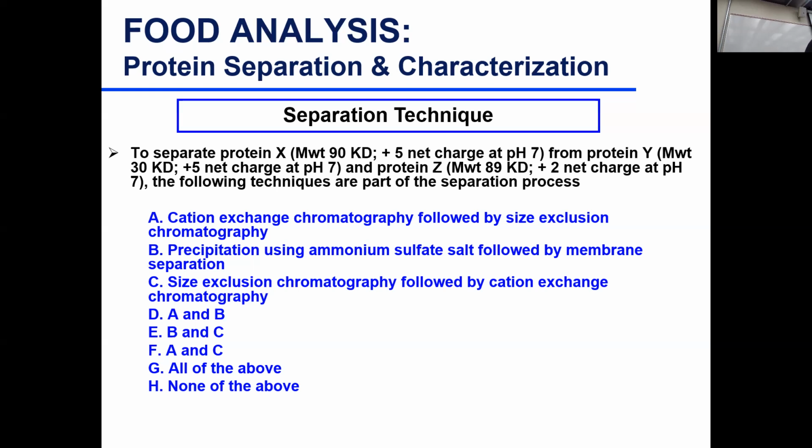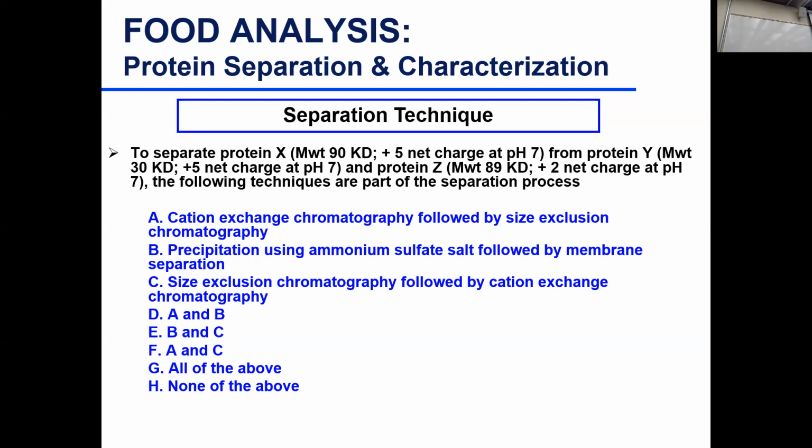You lost $300. Okay, so it doesn't matter the order. Whether you start with cation exchange first or size exclusion first, it doesn't matter. You can start with either. So you can separate based on charge. They're all positive charge, so you want to go for cation exchange at pH 7.